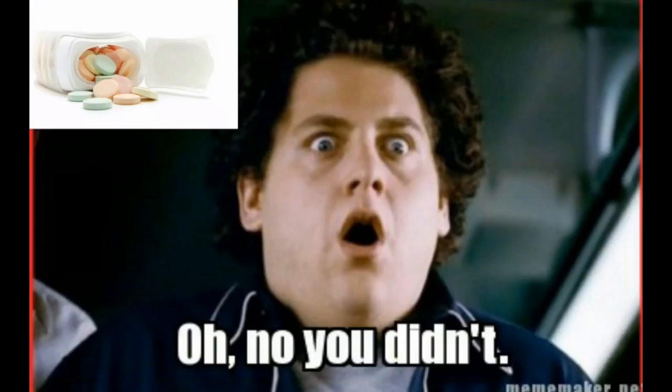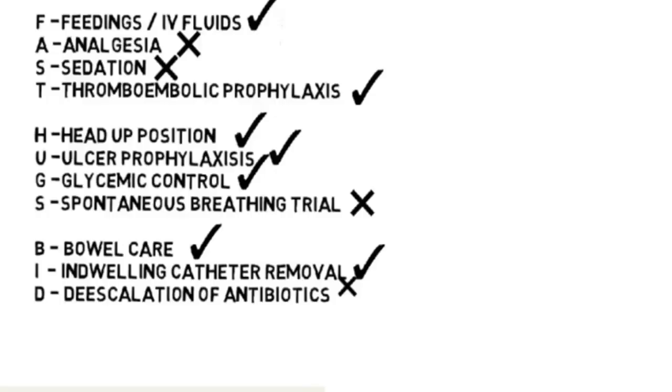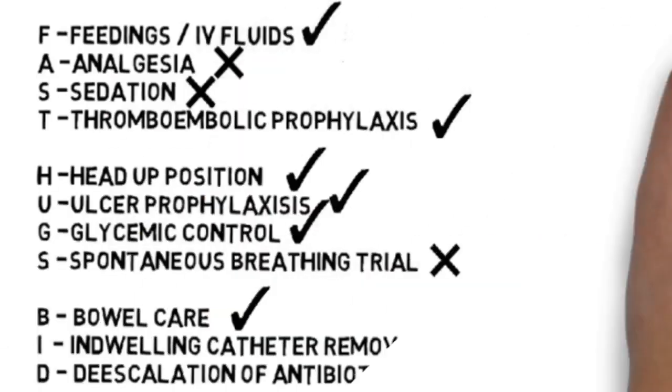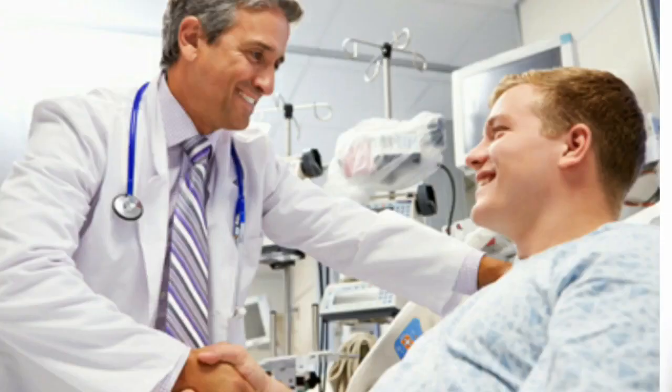Or we may forget to add an antacid for another patient who now developed stress ulcer as a result. Regular checklists like FAST HUGS BID would prevent these kinds of errors and prevent us from overlooking significant general aspects of patient needs and improve quality of care.